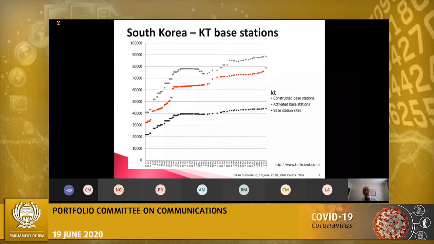They make their own semiconductors, their own handsets, their own network equipment. They're getting towards 100,000 base stations built, and something like 80,000 have been activated. So they're moving quite rapidly.